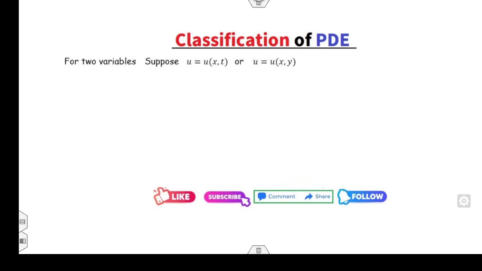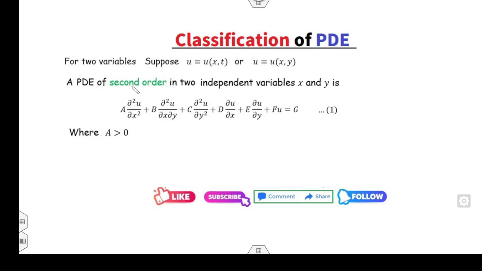Now, first of all, if I consider u as my dependent variable, and x and y or t as independent variables, then our target is to classify the second order partial differential equations.